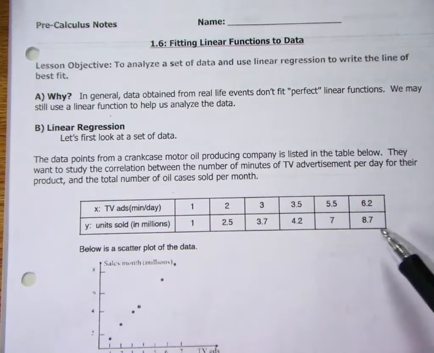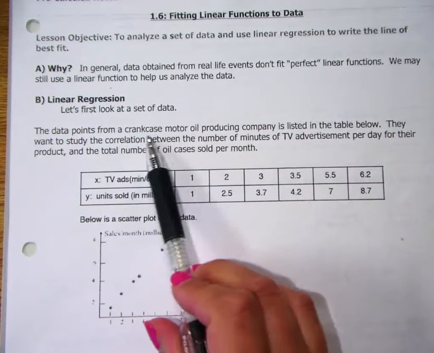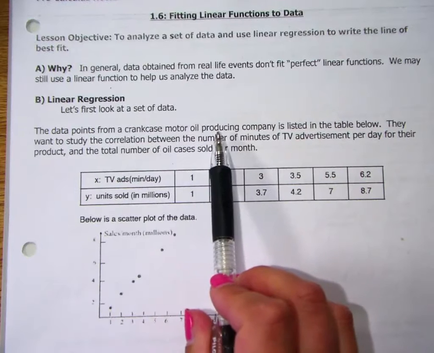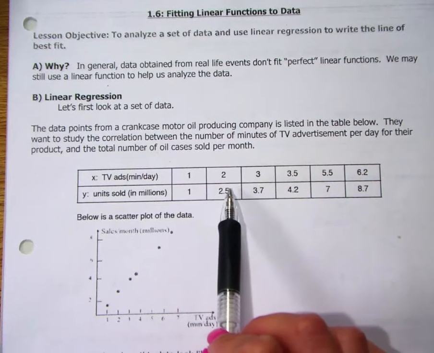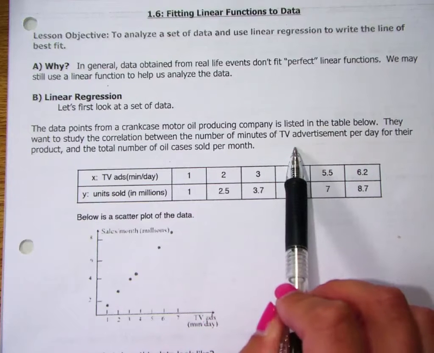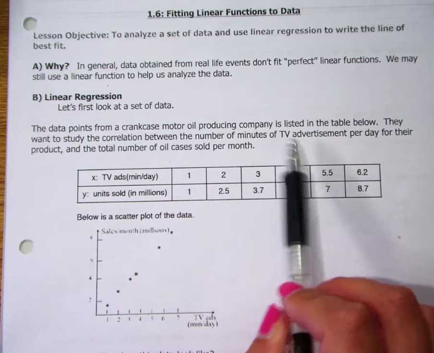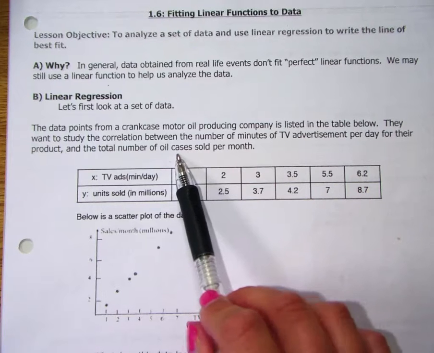So let's look at an example first. It says the data points from a crankcase motor oil producing company is listed in the table below. They want to study the correlation between the number of minutes of TV ads per day for their product and then how that correlates to the number of oil cases sold per month.